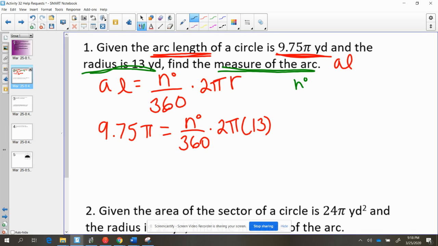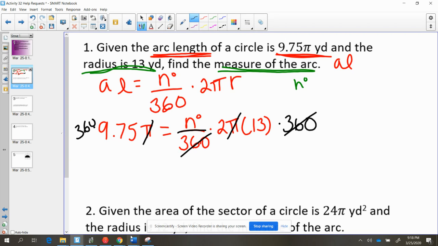As we start solving, we're looking to get n by itself. We can divide away the pi from both sides; they'll just cancel out. That's nice. Then to get rid of the division by 360 degrees, we can multiply both sides by 360 degrees, because on the right-hand side it's going to cancel.